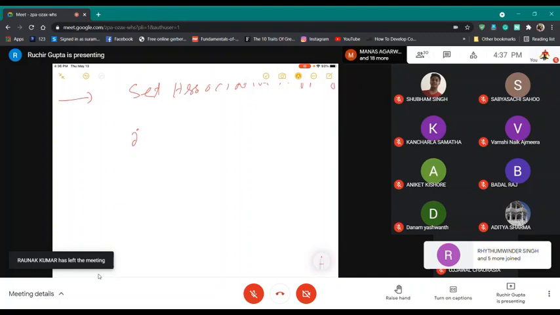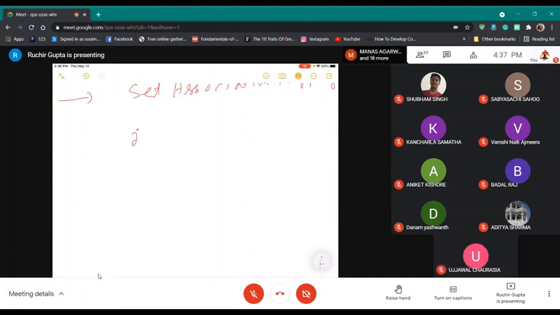So we'll just compute J mod 128. For example, if it is block number 0, it will be stored in the 0th location. If it is 1, it will be stored in the first location. If it is 2, in the second location. If it is 128, where will it be stored?